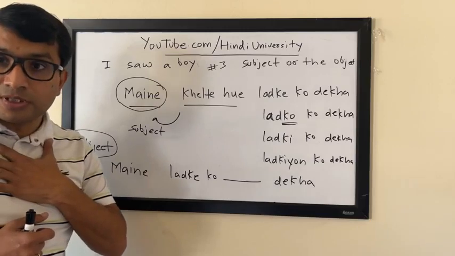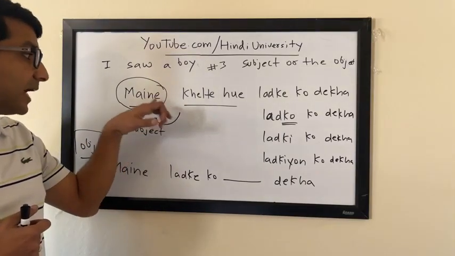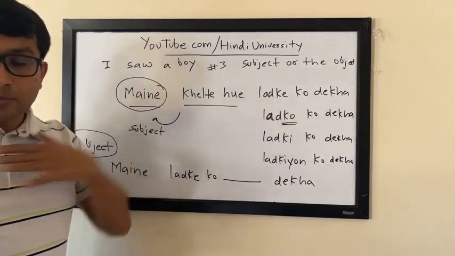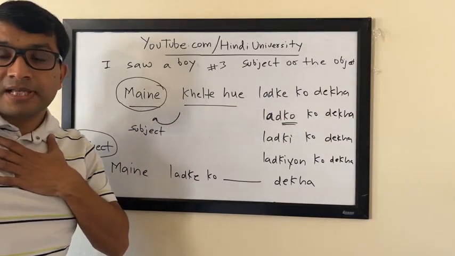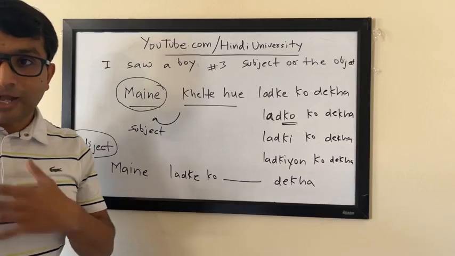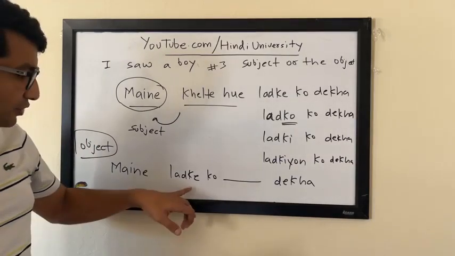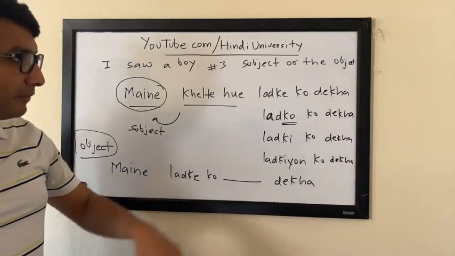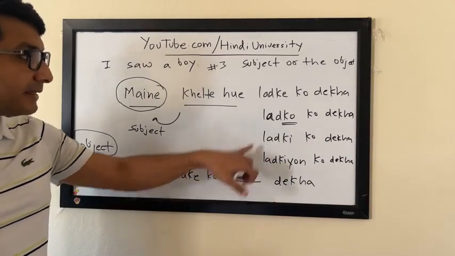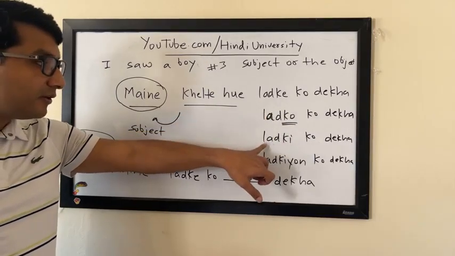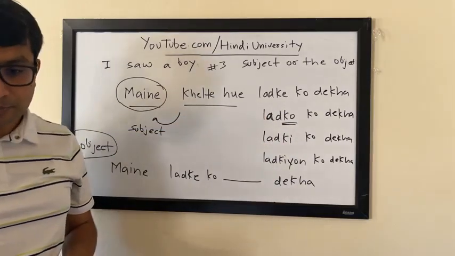The subject can be doing the playing, which is happening here. मैंने खेलते हुए लड़के को देखा. Boy is not doing the playing. I am doing the playing, but I saw him. In the second case, I saw him, but he is doing the playing. So the order is sort of changed. But however, it's invariably खेलते हुए, regardless of whether it is masculine singular, masculine plural, feminine singular, and feminine plural.